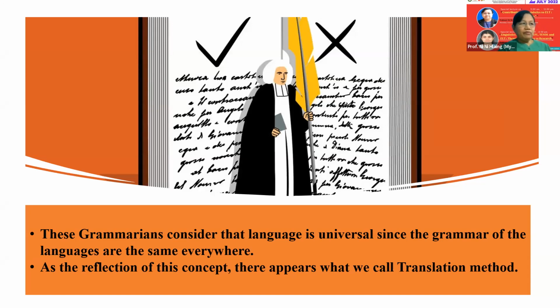As a reflection of this concept, there appears what we call the translation method, the remnants of which are still visible in our schools if we observe many teachers of English who like to use it. In this case, the students are asked to translate English text or sentences into Myanmar or vice versa.